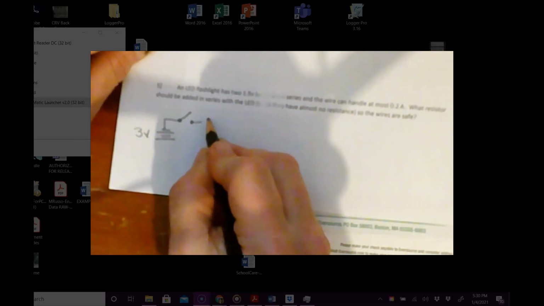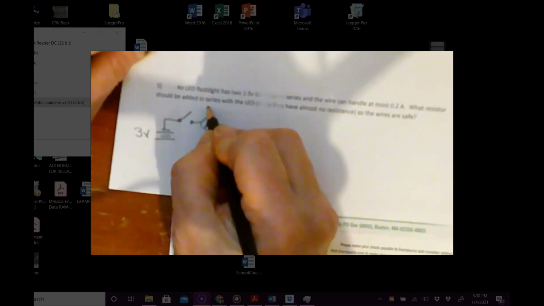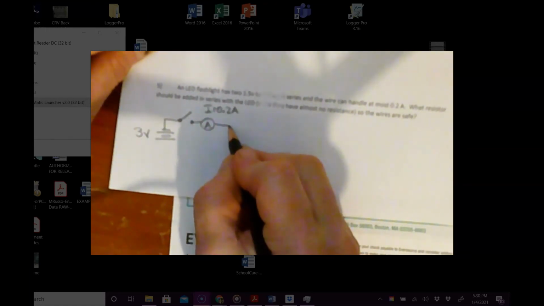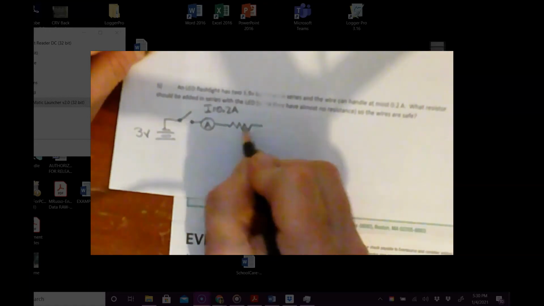And in this case, I can draw that ammeter in, right? And I know that I max is 0.2 amps, right? Just a window into the world. What resistor should I put in there? This is my unknown.